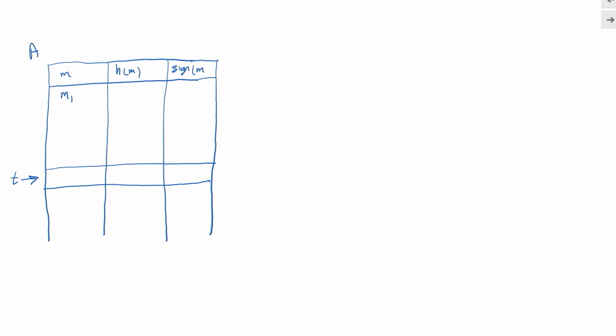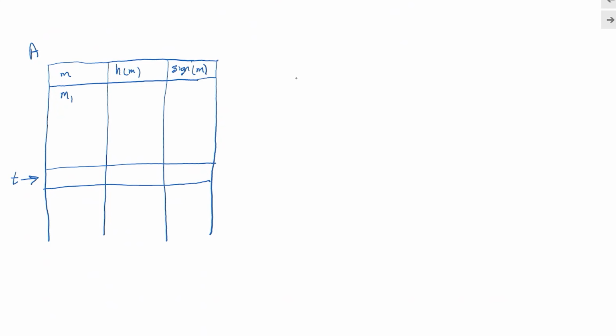So if we are not on message MT, the way that we are going to answer these queries is as follows. Every time that the forger asks for a hash of a message or a signature of a message, this is how we would proceed.